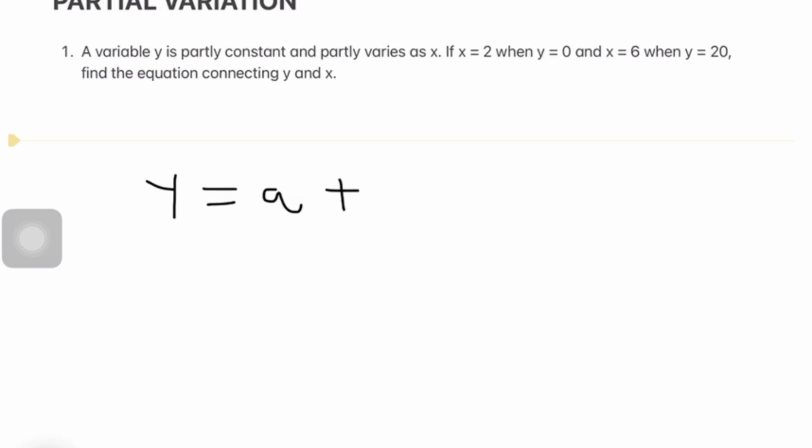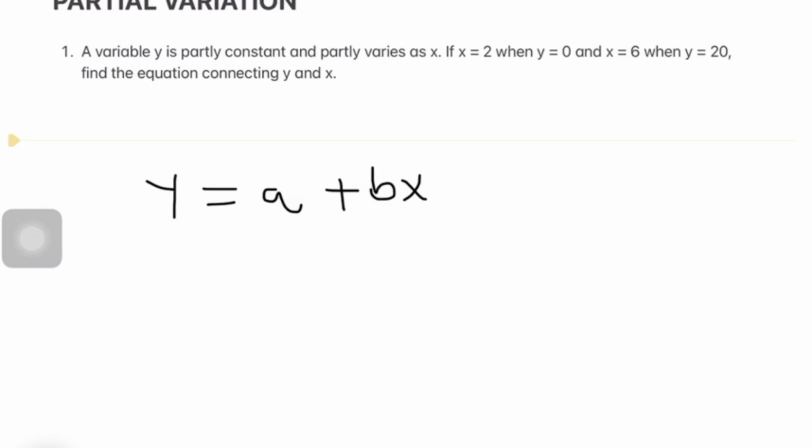The x can't be on its own, it must be accompanied by the constant of proportionality, right? So let's assume our constant of proportionality is b, and then x.